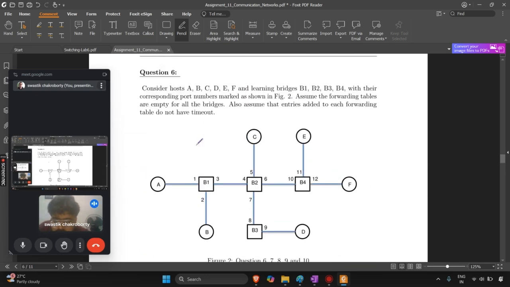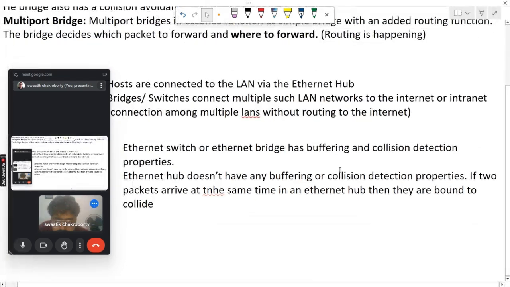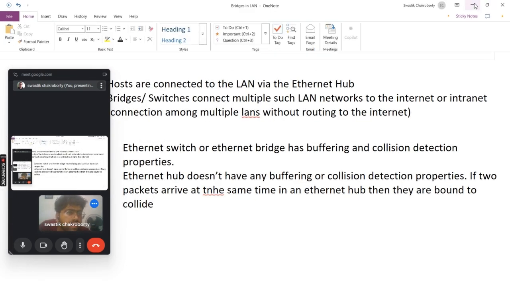and then there is something called flooding. So let's look at the concept of flooding.